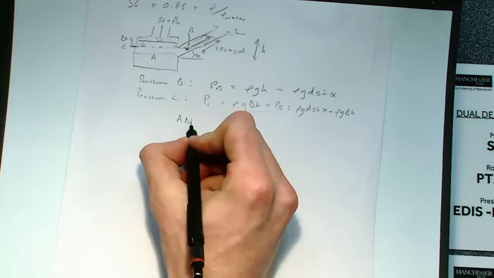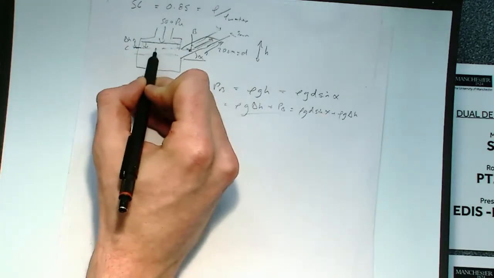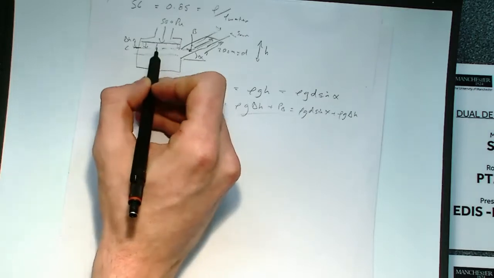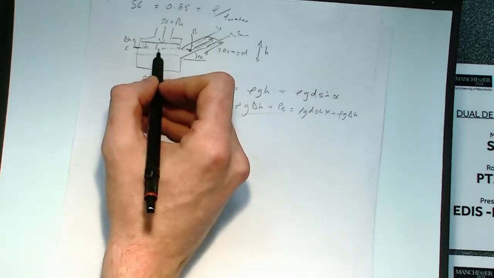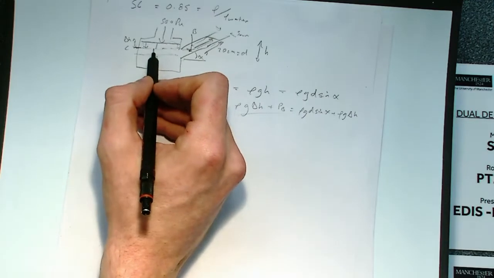A delta H. Because this manometer is of area A, it's like a cylinder. You can't really see it in my drawing, but you can definitely see it here in this drawing. There's a circle here, and there's a height that has been displaced, so we're doing the area of a cylinder.